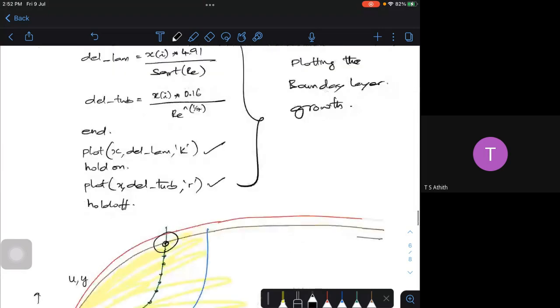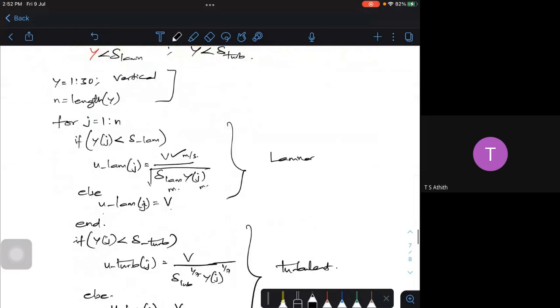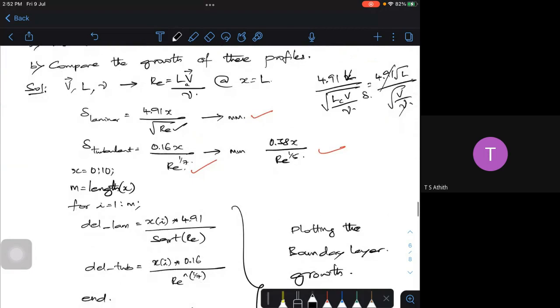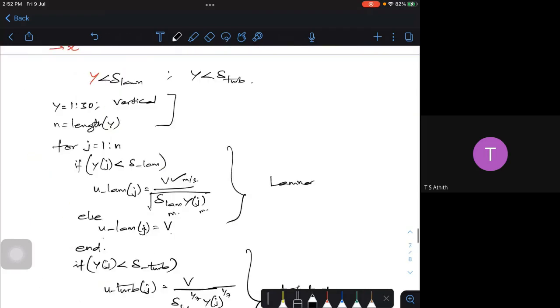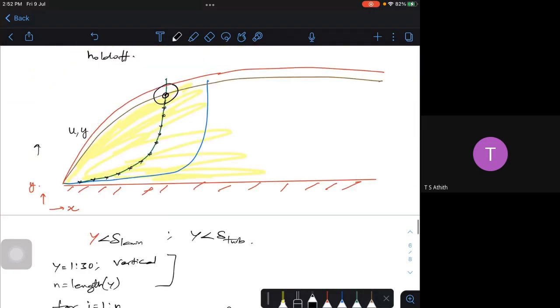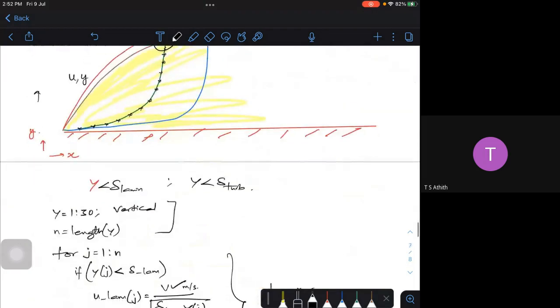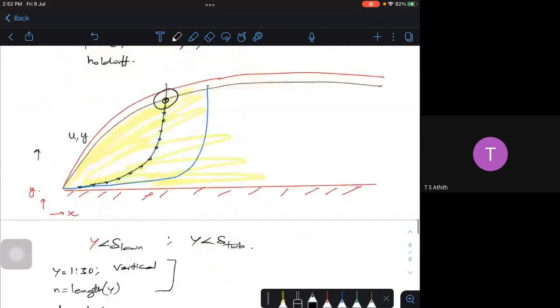This is with respect to V by delta turbulent. So V by square root of delta turbulent into that particular distance, what I'm getting. So then what is yours?